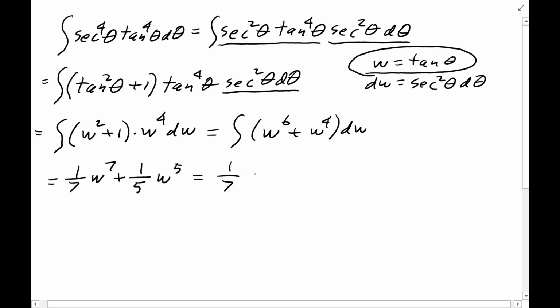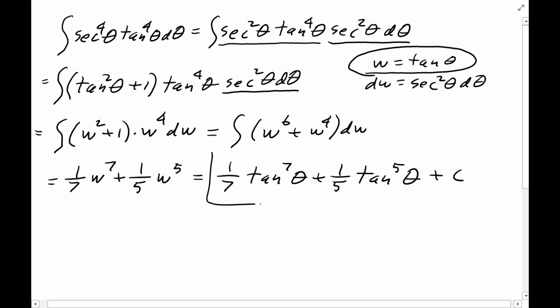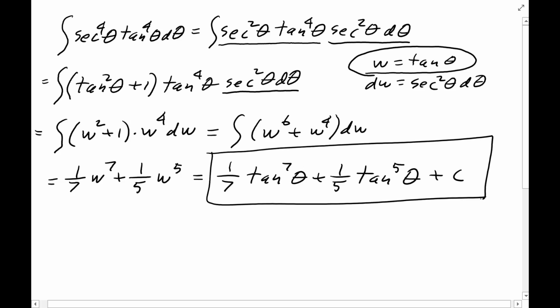So we get 1/7 tangent to the 7th plus 1/5 tangent to the 5th plus c, and that's our antiderivative.